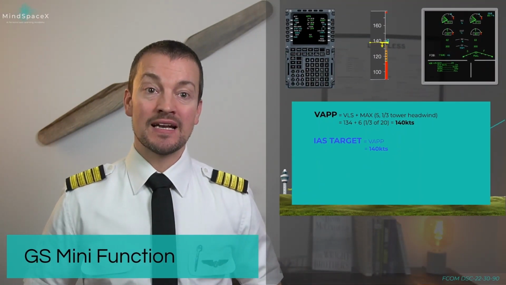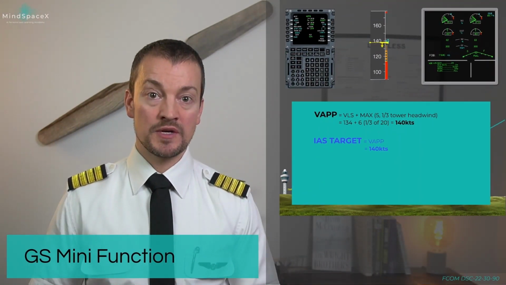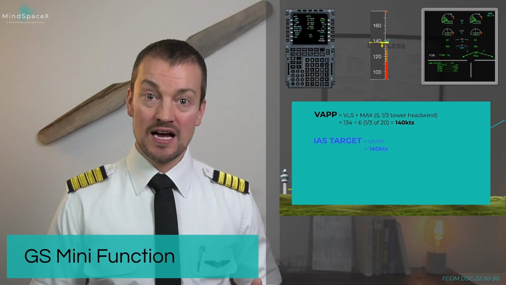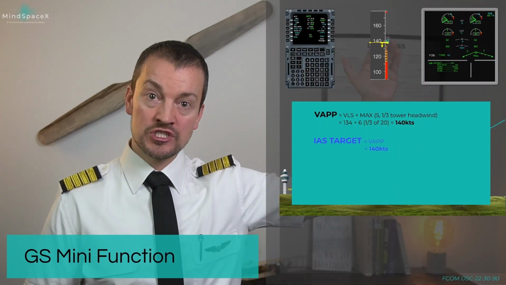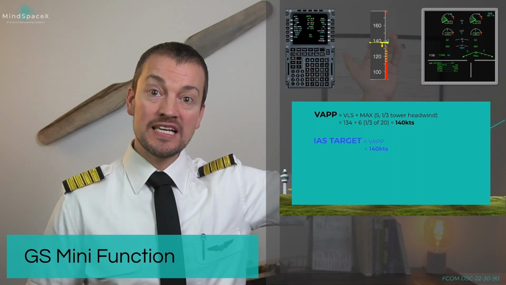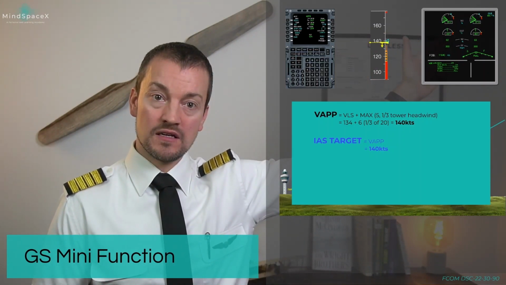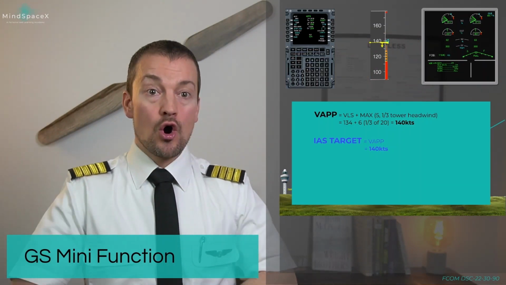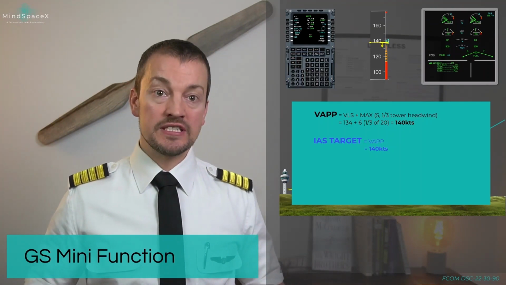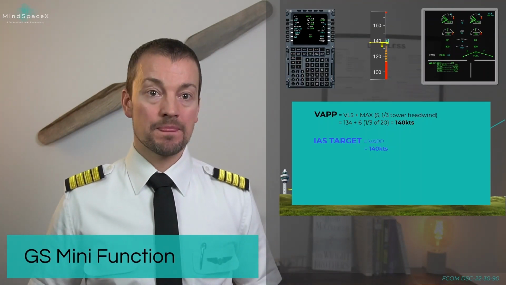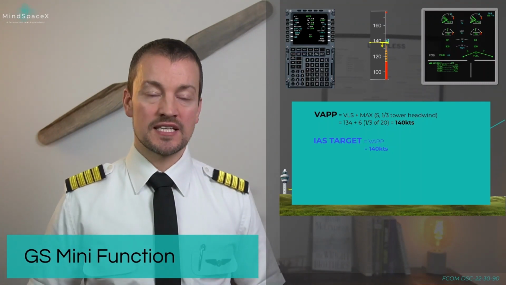But if this had been the scenario without the ground speed mini, with a selected target, the target wouldn't be 140, but remember, the engines had spooled down to idle. And now when the gust went away, all that aerodynamic lift disappears in an instant, and the aircraft starts to sink.